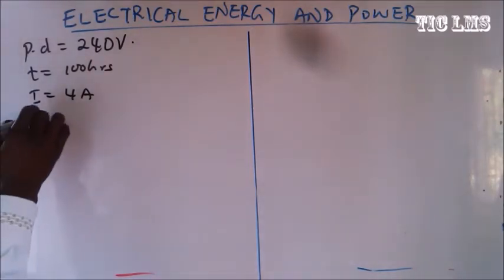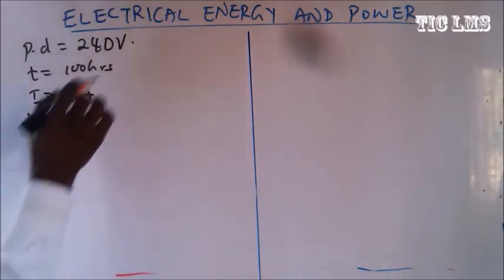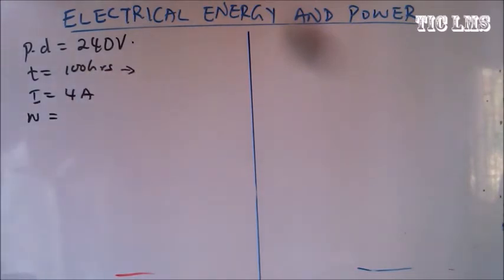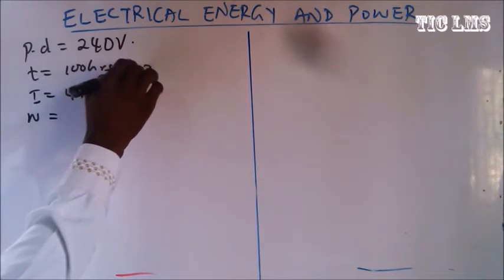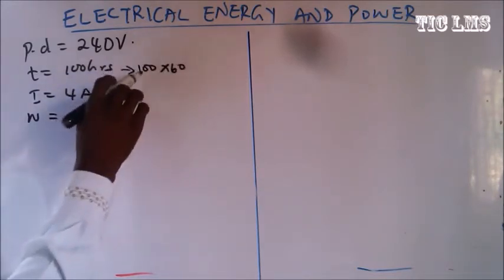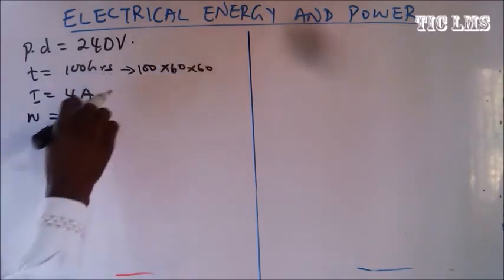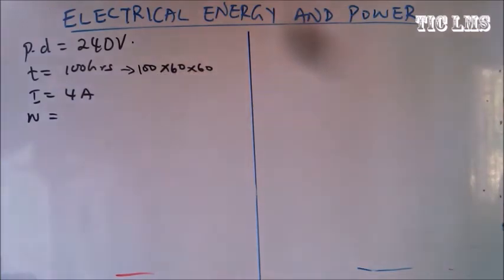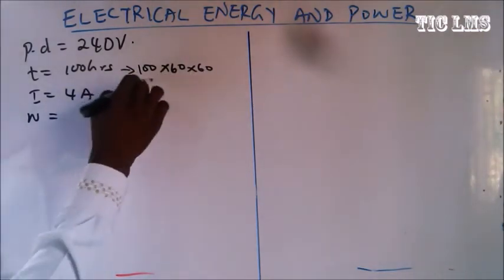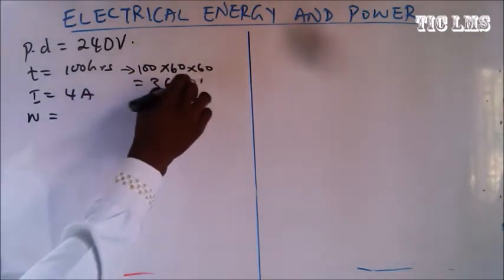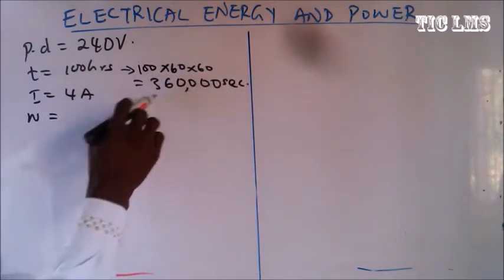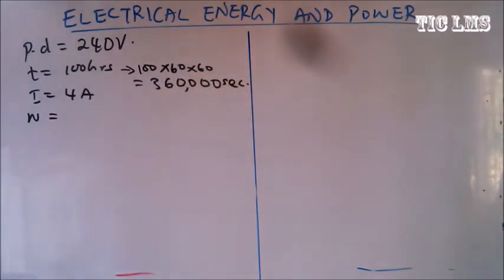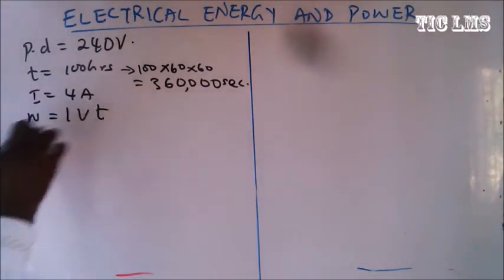So we are looking for the energy, which is W. First, let's convert this 100 hours into the SI unit. 100 hours is 100 times 60 times 60. So we have 60 minutes and then 60 seconds. And this gives us 360,000 seconds. So here we have that the energy with which the work was carried out equal to IVT.